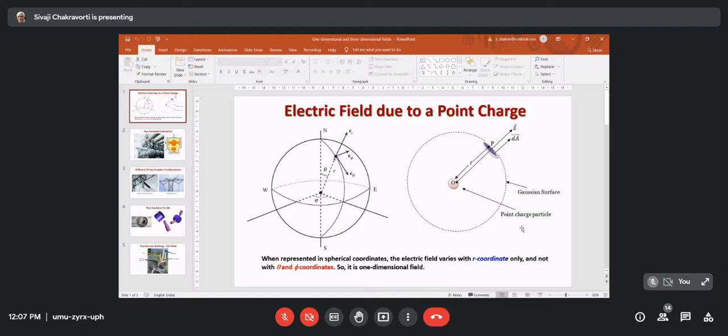And this happens in our life. It's not that these are fictitious. They happen. So remember that these point charge particles are very much possible. Similarly, it is also possible to have cylindrical objects which are floating, typically some insulating material, the fibers.